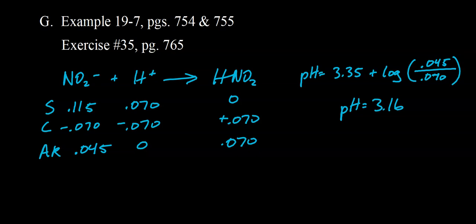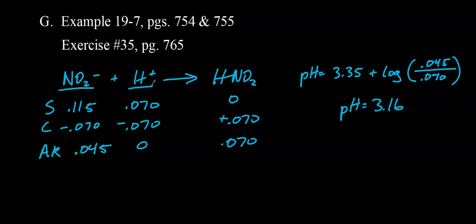So we have a 1 liter solution. You have sodium nitrite and hydrochloric acid. All right, so what's going on here? This time we have nitrite, which is the conjugate base of nitrous acid, reacting with hydrochloric acid. So make sure you get the right equation here. This reaction produces nitrous acid. We get moles.